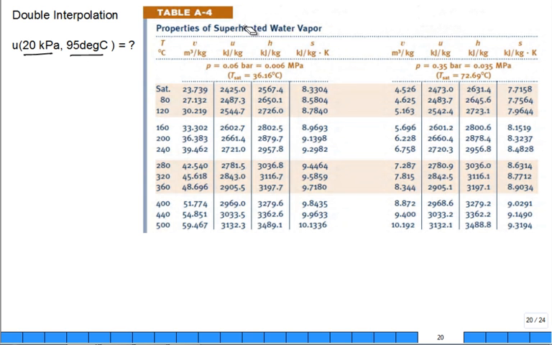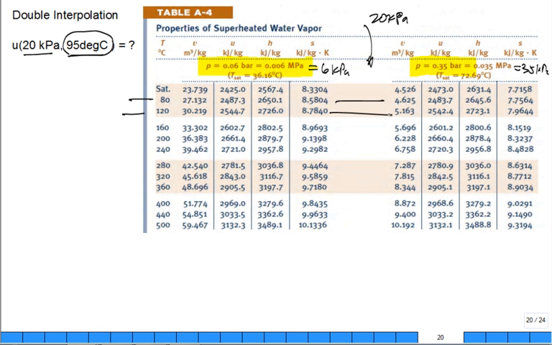So I take a look and they give me 6 and 35. This pressure is 6 kilopascal, this pressure is 35 kilopascal, and I need 20 kilopascal. Not only that, they give it to me at 95 degrees C, while the tables have 80 degrees C and 120 degrees C.